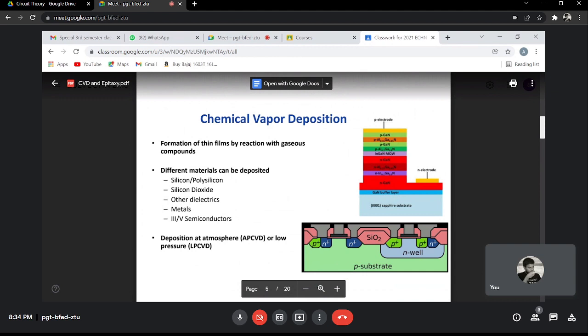So the whole concept is that electronic devices are extremely complex and extremely sophisticated. It requires control of, or depositing or fabricating, thin layers with exact tolerances of composition and doping and thickness, to the point that it is probably the most exact requirement of any technology in the whole world.